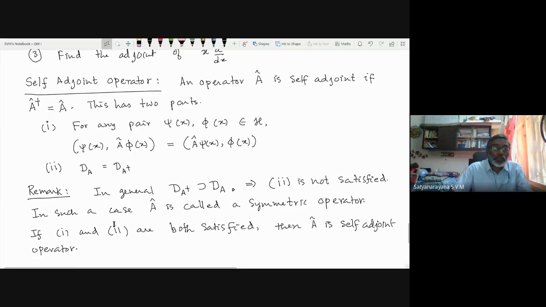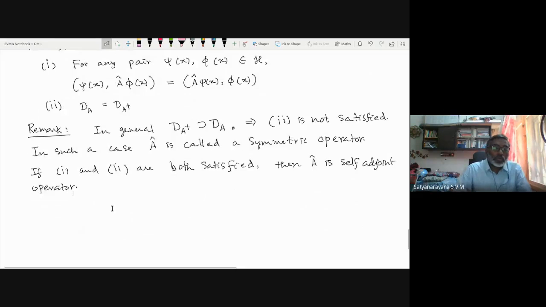Okay. Now, let's talk about the finite dimensional case. As we have already said, in the finite dimensional case, A dagger is basically A transpose conjugate.